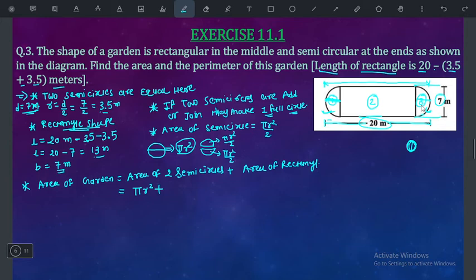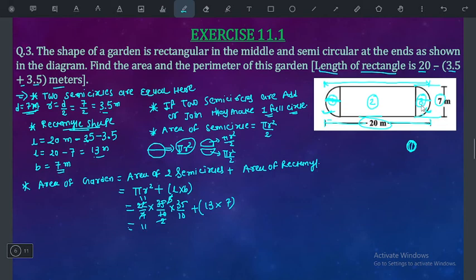Now pi r square plus area of rectangle, which equals L into B. The value of pi equals 22 by 7. The value of r equals 35 by 10, into 35 by 10, plus L into B. What is L? L equals 13, into breadth equals 7. Now 13 sevens are 91. Here 7 fives are 35, 5 twos are 10, 2 elevens are 22.